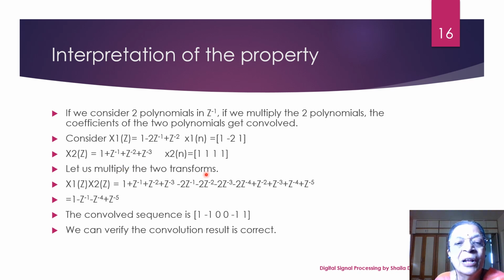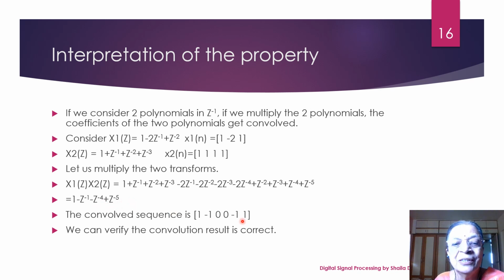Now let us multiply the two transforms. When I multiply the two transforms, I am multiplying each term by 1 first, then each term by minus 2 z raised to minus 1, and then each term by z raised to minus 2, and I am writing the total expansion. Now if I simplify, I get 1 minus z inverse minus z raised to minus 4 plus z raised to minus 5.